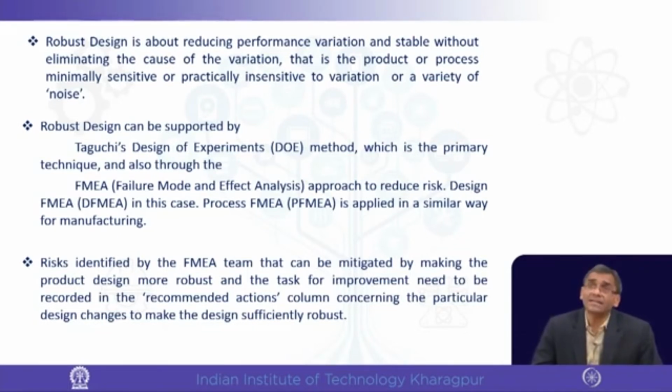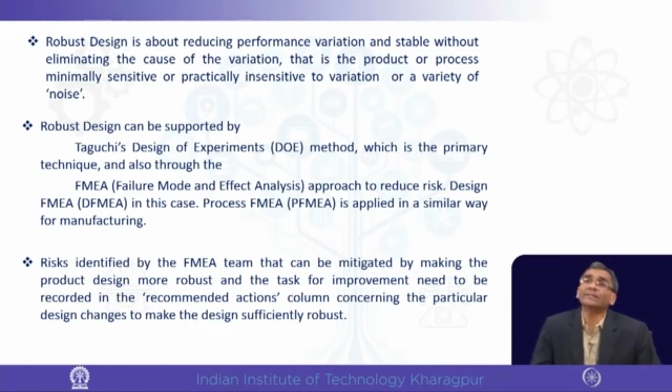as the FMEA team, which normally comprises various involved stakeholders like design representatives from manufacturing, from quality, from costing, etc. They can mitigate the risk by making the product design more robust, and the tasks for improvement need to be recorded.